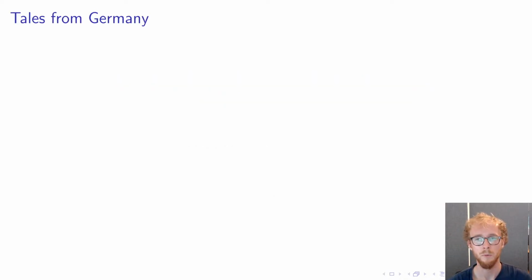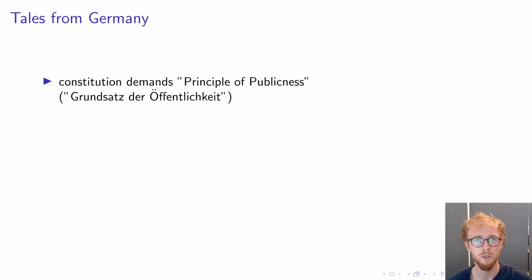In our constitution, there is a principle of publicness. This basically means that during elections, all essential steps of the election and result derivation must be reviewable by the citizen without any special expertise.